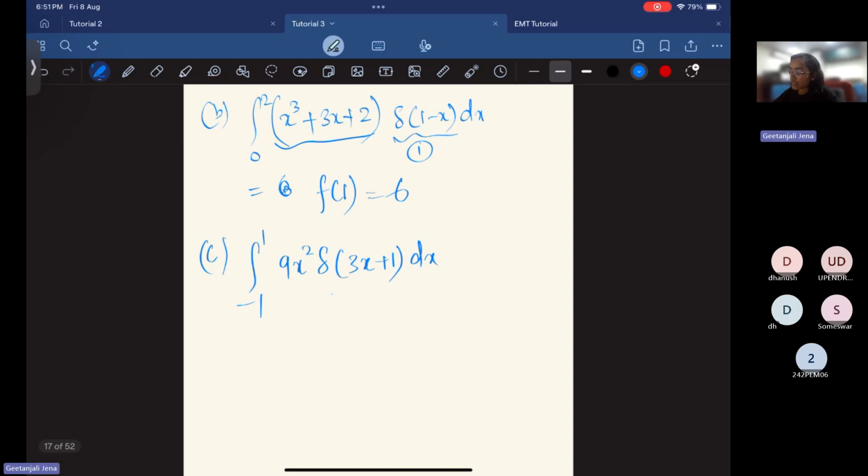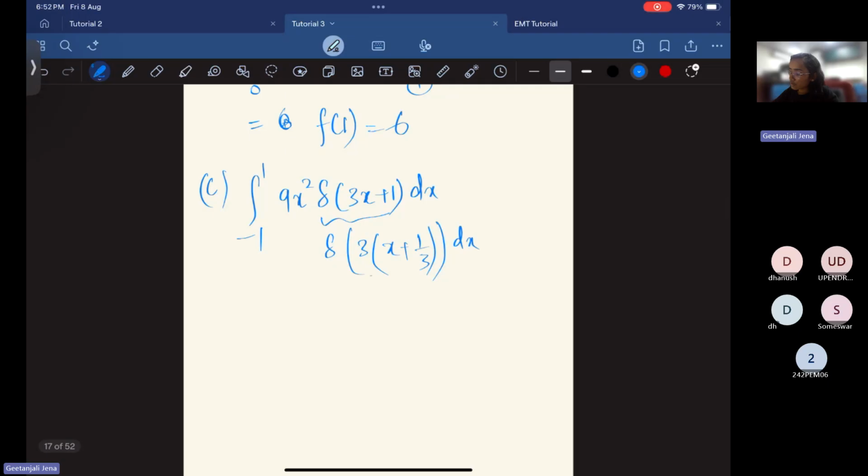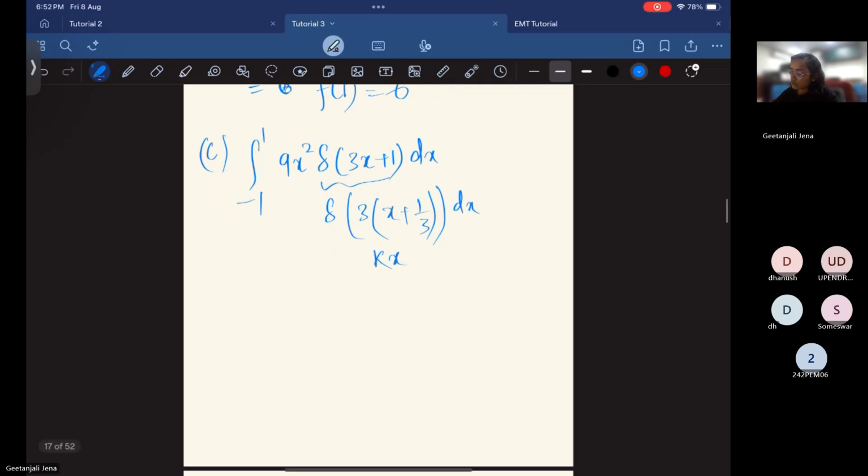For this one, what we have is 3x plus 1, right? So what you can do here is take out a 3 common, x plus 1 by 3, dx. So it's similar to delta of kx, which will give 1 by k, which is 1 by 3, delta of x plus 1 by 3, dx.